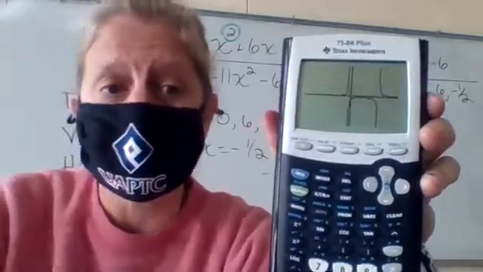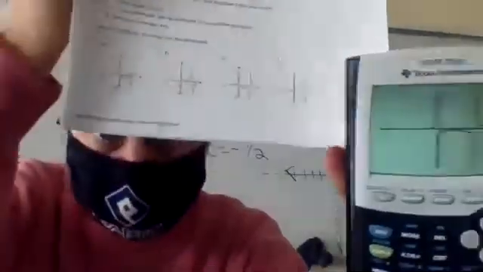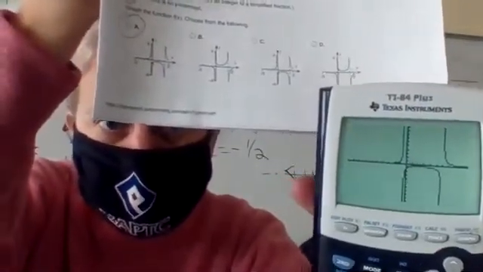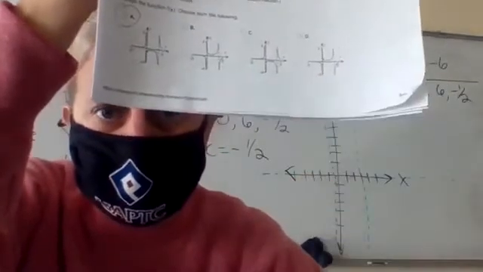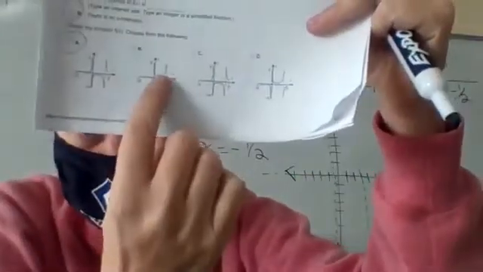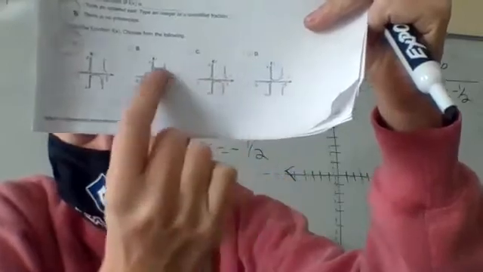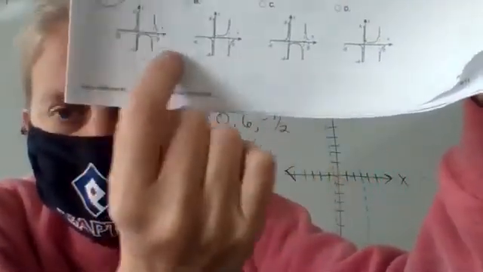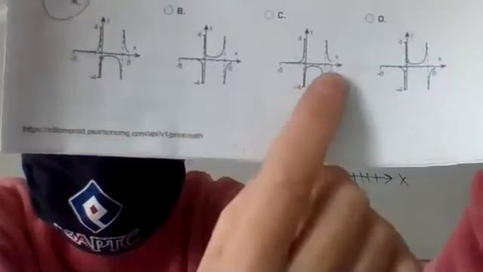So this does help me narrow it down, because look which one that looks like. It has that upside down parabola, which means it's not B or D, right? Because they have this middle part with that U shape going up. So look at C and A. What is different between those?